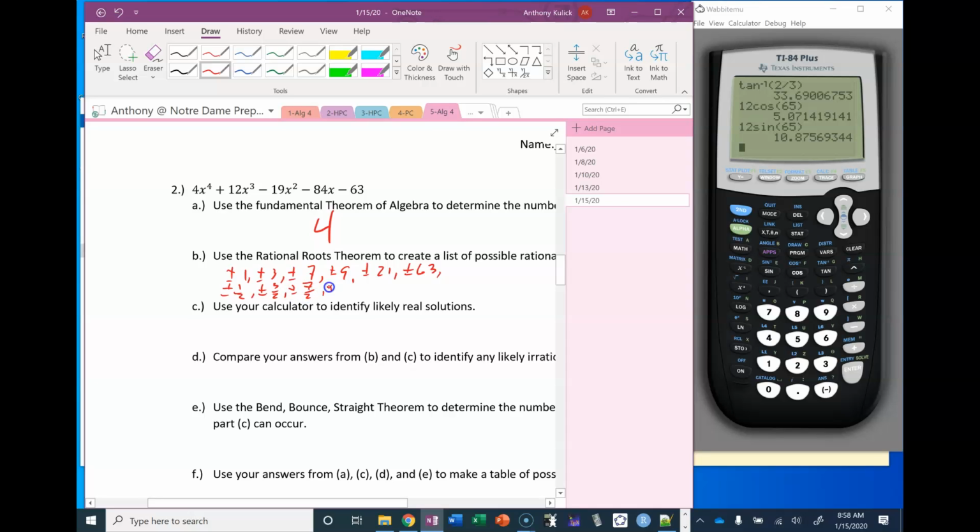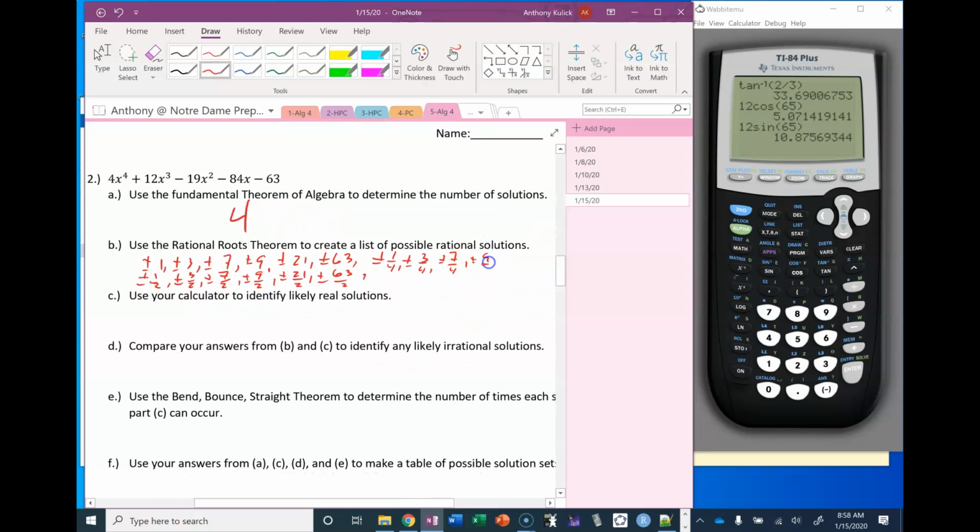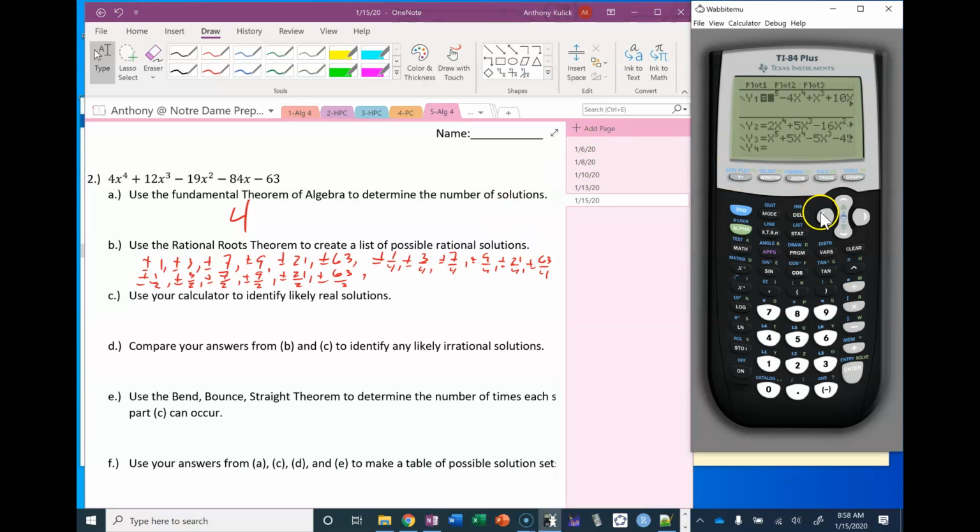Why am I getting these also over 2 and over 4? Yeah, because those are also the factors of 4, right? Okay. Then it's calculator time.